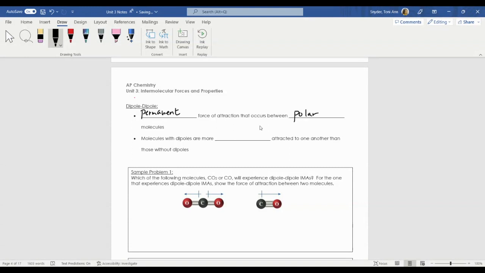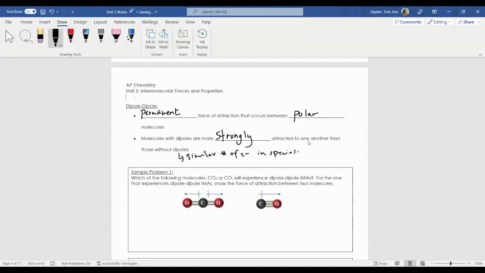And molecules with dipoles are more strongly attracted to one another than those without dipoles. What we have to remember here, though, is this is only true when we deal with a similar number of electrons in species.